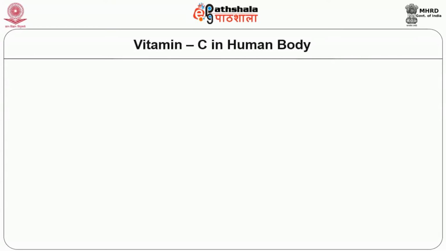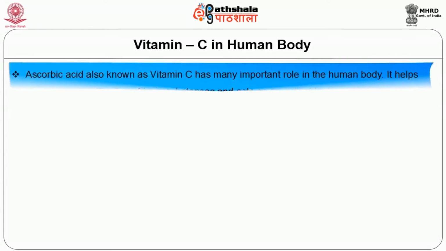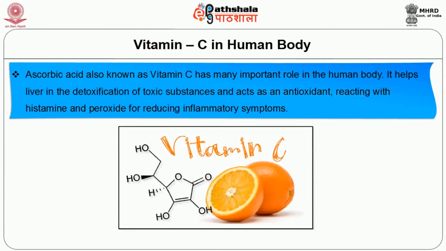Can you tell me some important roles of vitamin C in the human body? Yes, ascorbic acid, which is also known as vitamin C, has many important roles in the human body. It is essential for the synthesis of collagen, a protein that has many connective functions in the body. For synthesizing hormones, neurotransmitters, and metabolism of certain amino acids and vitamins, ascorbic acid is required.